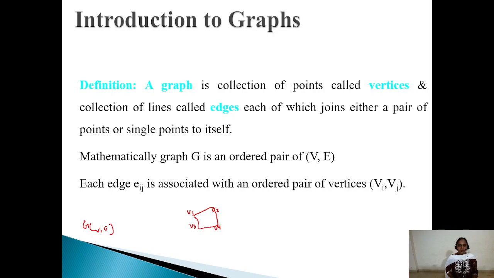V3 to V1 is one edge. This is one graph. All edges are connected to all vertices. This is a complete graph or undirected graph. So, this is an example of a graph.